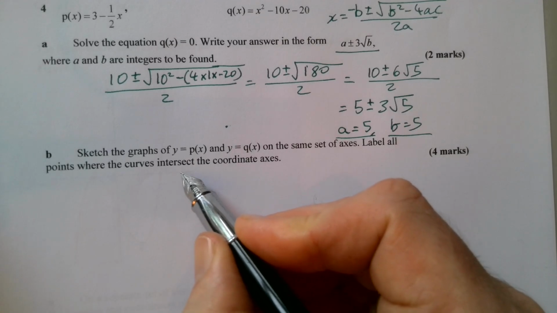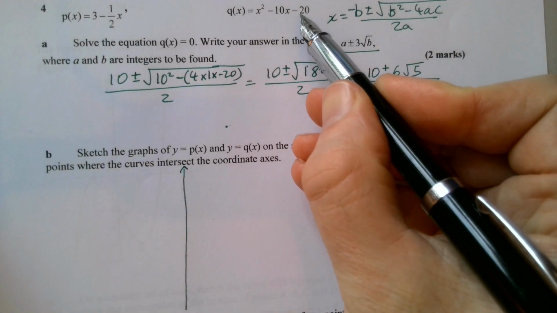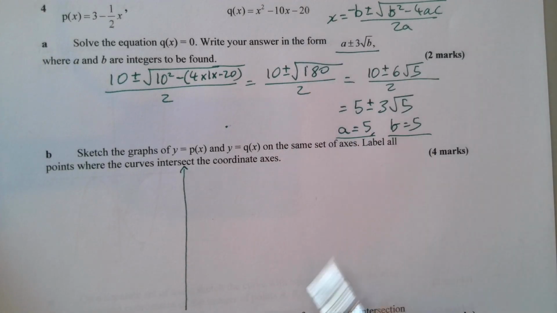Well, I'd probably start by looking at the quadratic, because I know that the y-intercept is negative 20. So I know I'm going to have that point there.